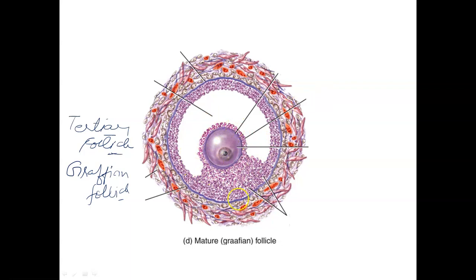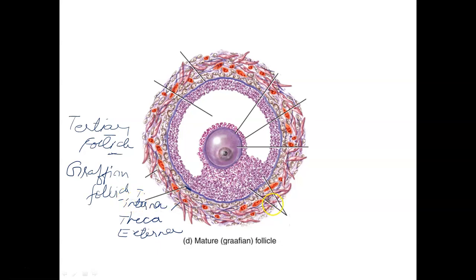The outermost layer, these are the granulosa cells which surround that Graafian follicle. So these are the theca externa and theca interna. This is theca externa, and this bluish layer is theca interna.